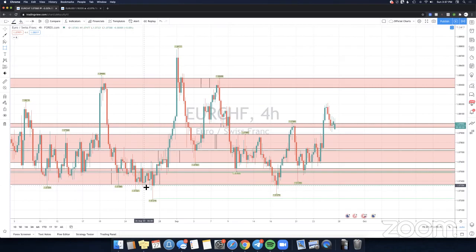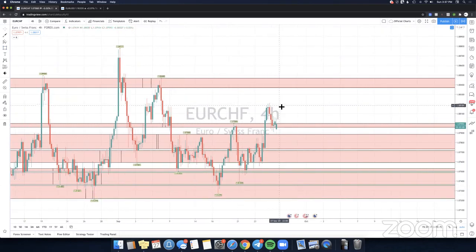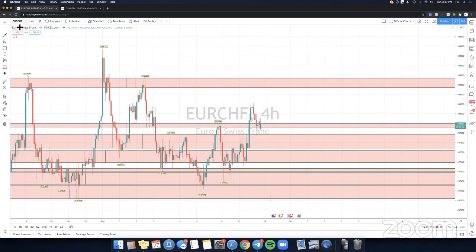So I might even ignore a lot of these, and I might just wait for it to cross these big zoned areas. Or if this closes above here, then I might take that because there's a big, open field right here, about 30 pips. It's not a lot, but it's decent.